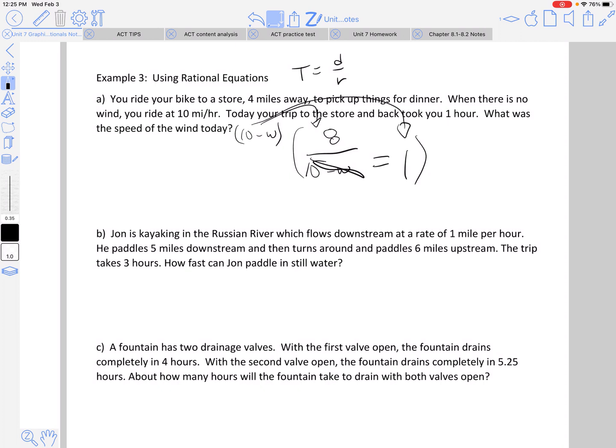When I multiply it here, it'll multiply by 1. So I'll have 8 equals 10 minus W. Okay, if I minus 10, I'm going to get negative 2 equals negative W. Divide by negative 1. W equals 2 miles per hour. That's my rate of the wind.